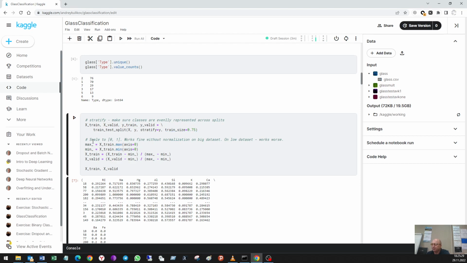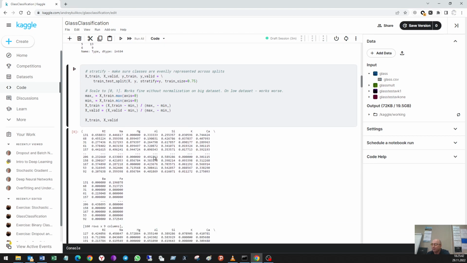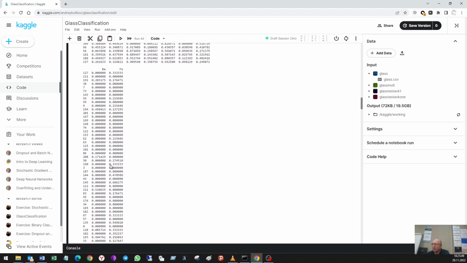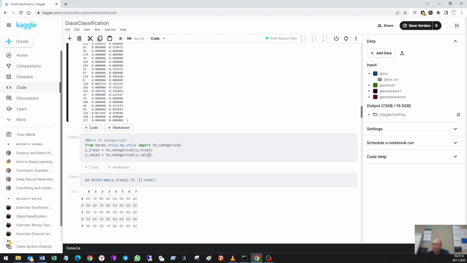Then I make scaling from 0 to 1. It works in my case without this, but I do it because it must be done. Now I see that all the values are from 0 to 1. Okay, it's fine. Then I make my target value a to categorical transformation.